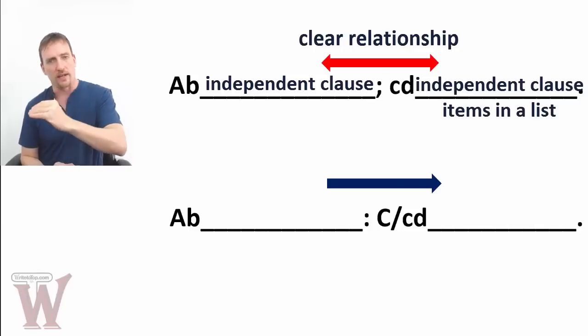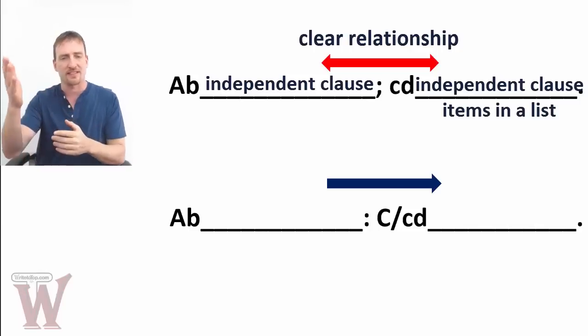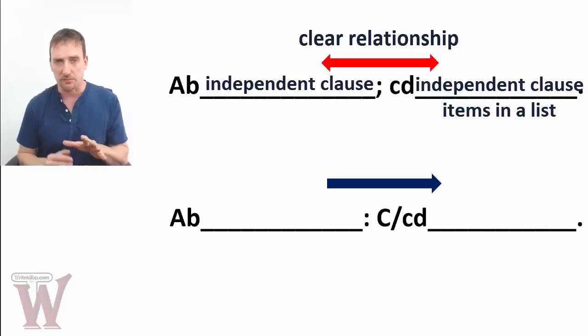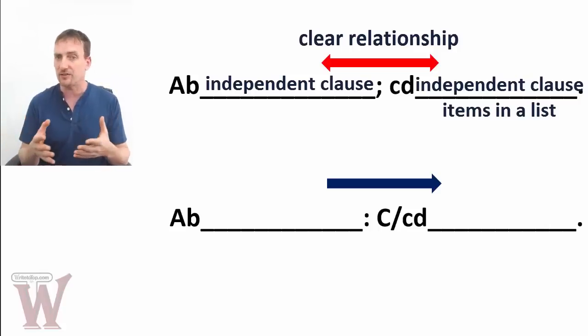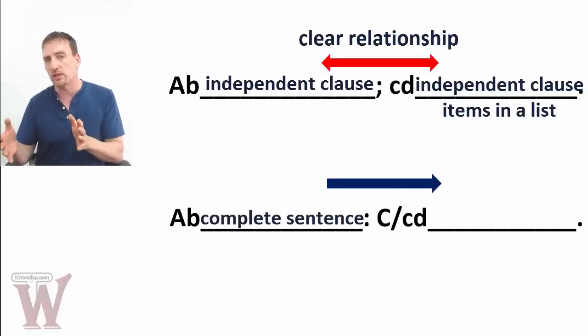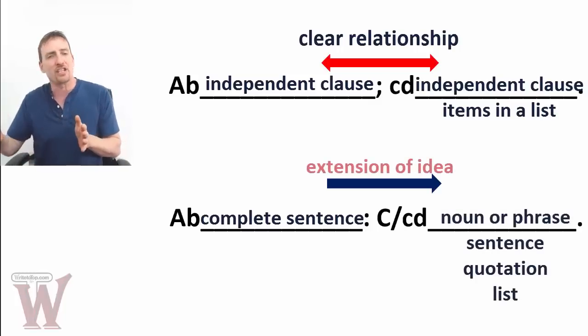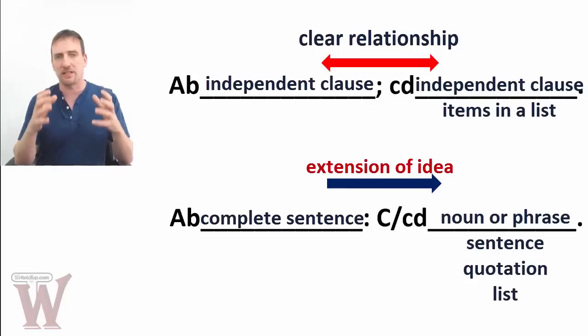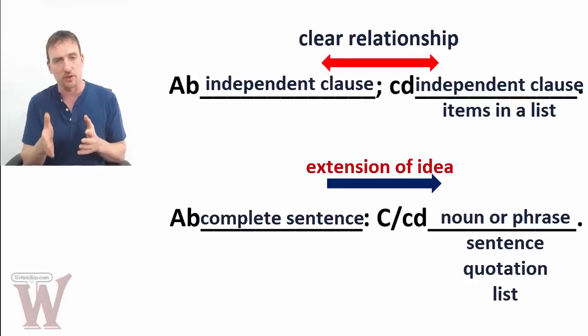The colon is a little bit different. It goes one way. You see the arrow going one way, whereas the semicolon, they work together. We're still talking about a relationship between two sentences or two things, but the second part after the colon is basically an extension of what was said in the first sentence. So before the colon, you must have a complete sentence and then use the colon.